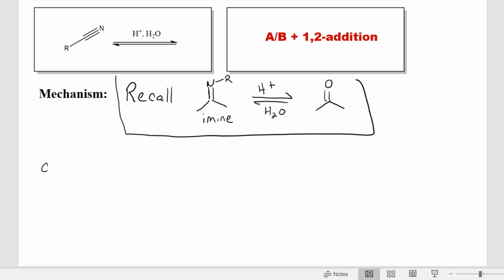Well, let's say I have CH3, carbon triple bond nitrogen. There's my nitrile. Under acid-water conditions, we're going to think about what happened with the imine under acid-water conditions, and draw some analogy to that. Okay, so with the acid, the nitrogen is going to protonate.